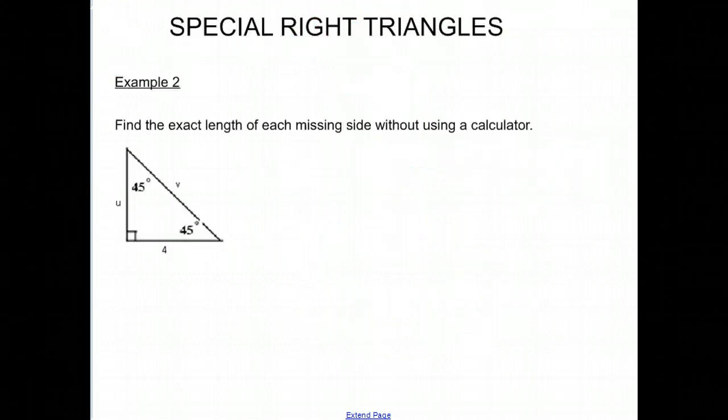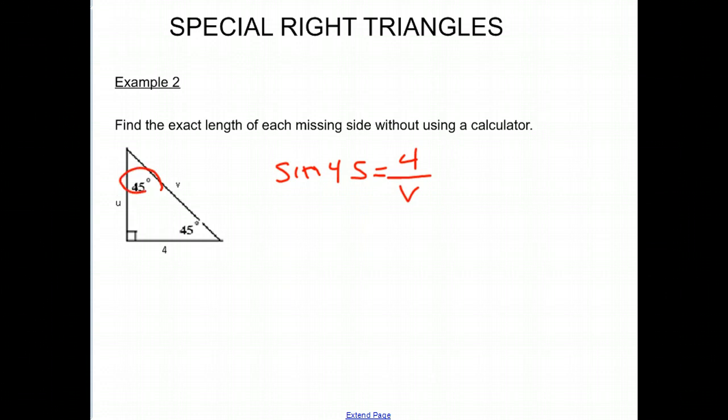Let's do a problem with the 45, 45, 90 right triangle. You see one here. In order to solve for, let's say, v, we can certainly say that the sine of 45 is equal to the opposite side 4 over the hypotenuse v.